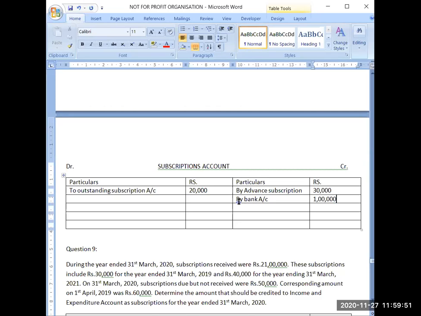And after doing this entry, bank account debit to subscription account, we would do the journal entry subscription account debit to income and expenditure account.